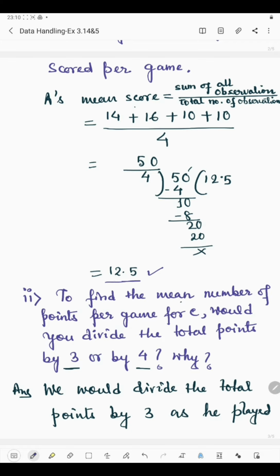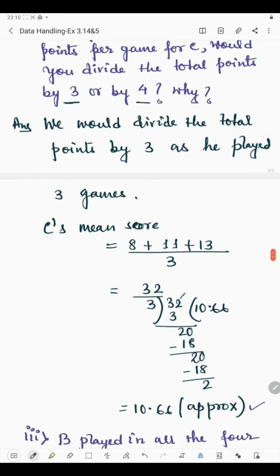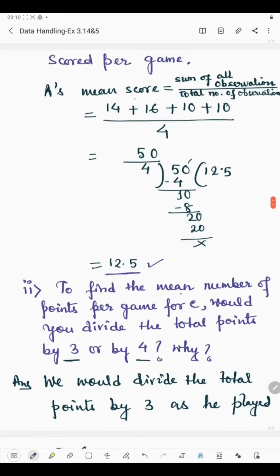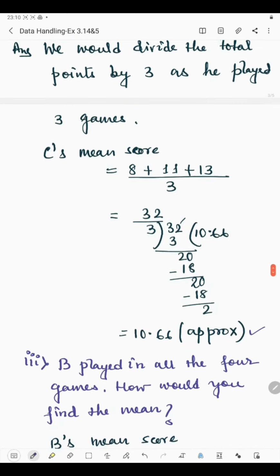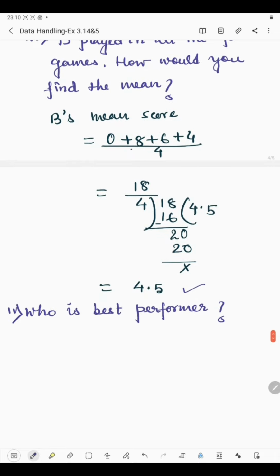Since 12.5 is greater, and 12.5 is A's average score, that means A performed well. So we'll write A is the best performer.